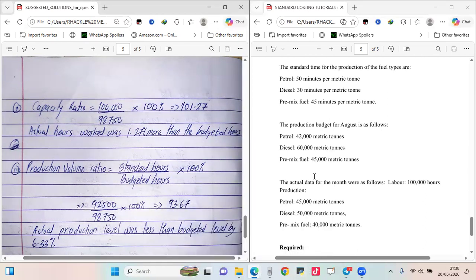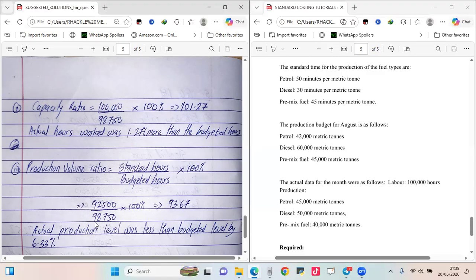Now, here comes the final part of this question, the production volume ratio, which is easy as well. As far as you've calculated your standard hours and budgeted hours correctly, this one will be easy. It is given by the formula standard hours over budgeted hours times 100%. For the efficiency ratio, capacity ratio, and production volume ratio, we use percentages.